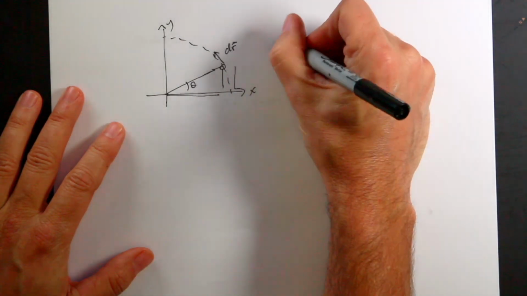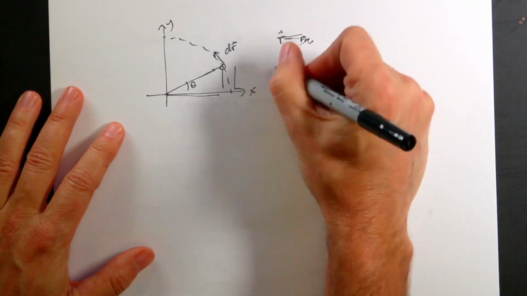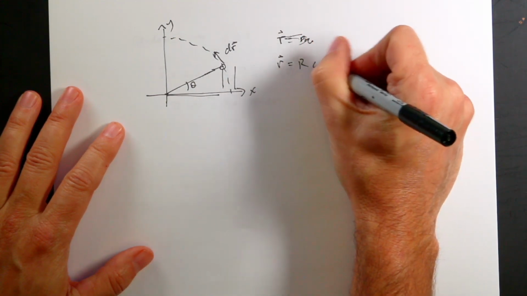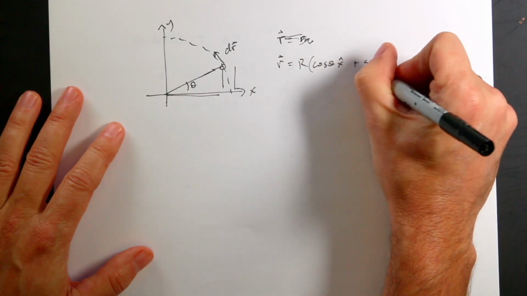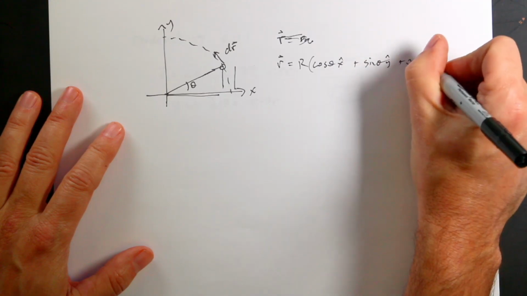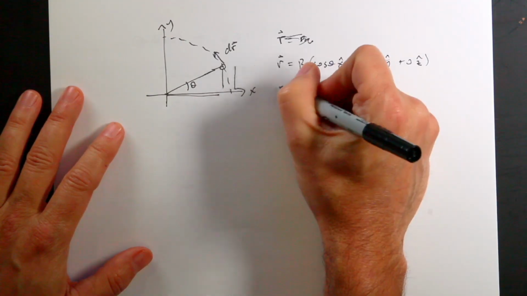So let's say this. R equals the vector r. No, r is going to be the vector r times cosine theta x hat plus sine theta y hat plus 0 z hat. So dr is the direction of change. So I can actually just take the derivative of that.